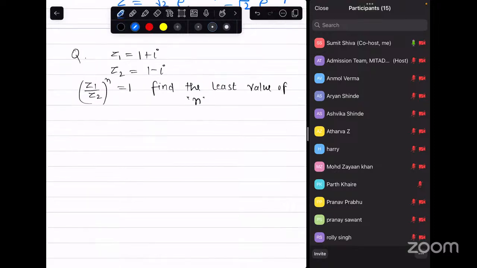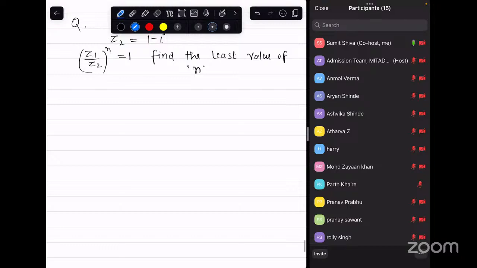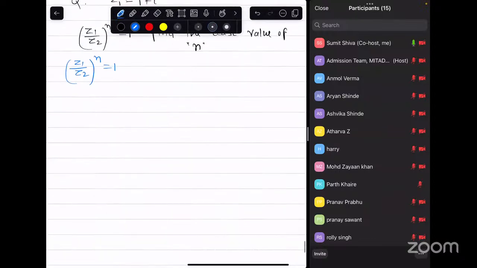This is a very important question. We have two complex numbers, 1 plus iota and 1 minus iota. If z1 by z2 raised to power n is 1, that is, 1 plus iota upon 1 minus iota raised to power n is equal to 1, what should be the least possible value of n? In that case, 1 plus iota upon 1 minus iota can be written in a special form.